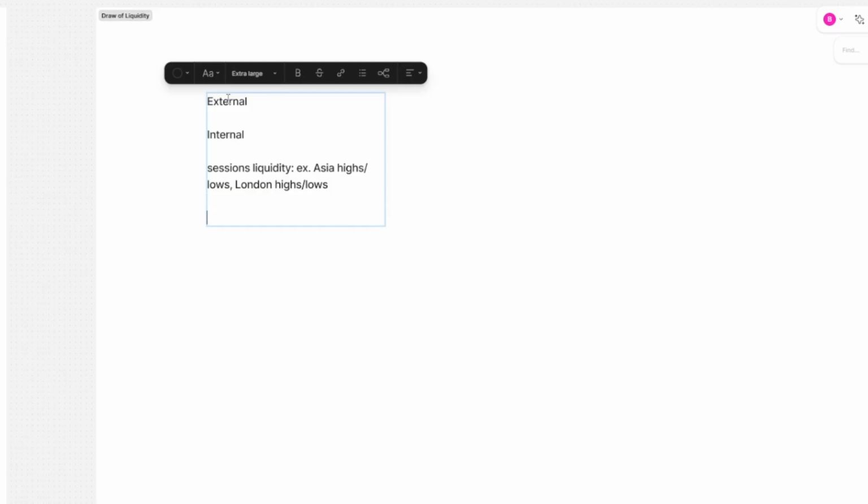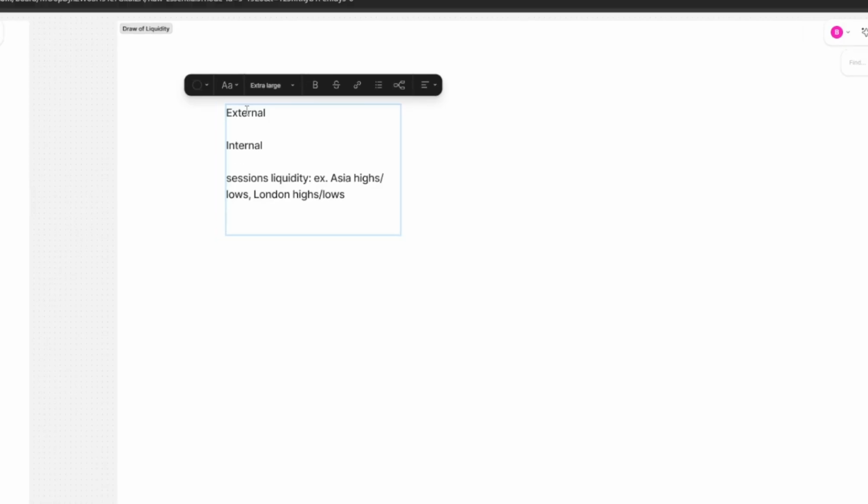That's more of a, if you're looking at multiple sessions, this is very key too. If you're trading New York AM and we have London highs or lows not taken, that could be the draw in your setup here. Next liquidity would be something that would be more of an immediate draw, which I would kind of separate from the overall draw on liquidity essentially.